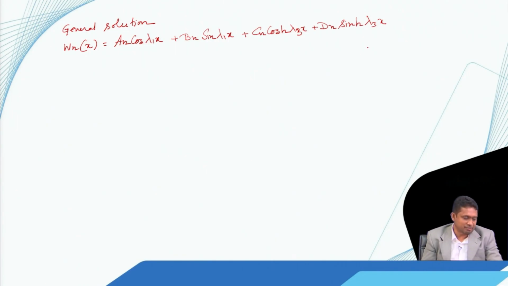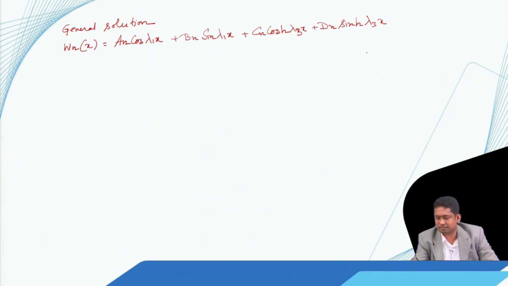So if I want to get the proper solution, the final solution, we have to put the boundary conditions here. So if I assume the fixed boundary condition at x equal to 0 and x equal to a, so this is simply supported, or let's say it is fixed, or we can call it clamped also.